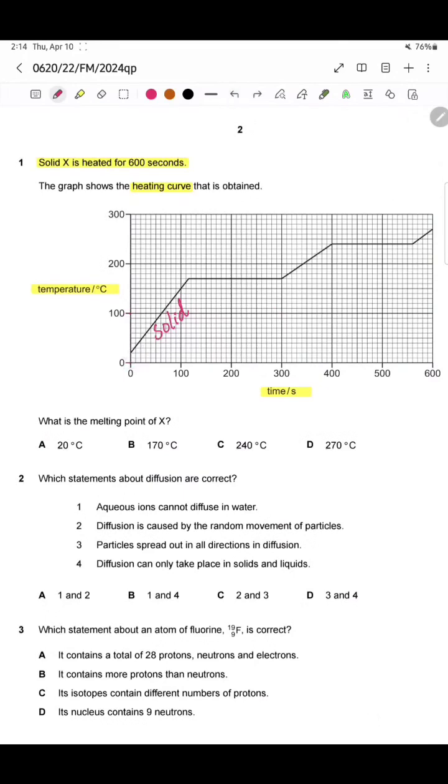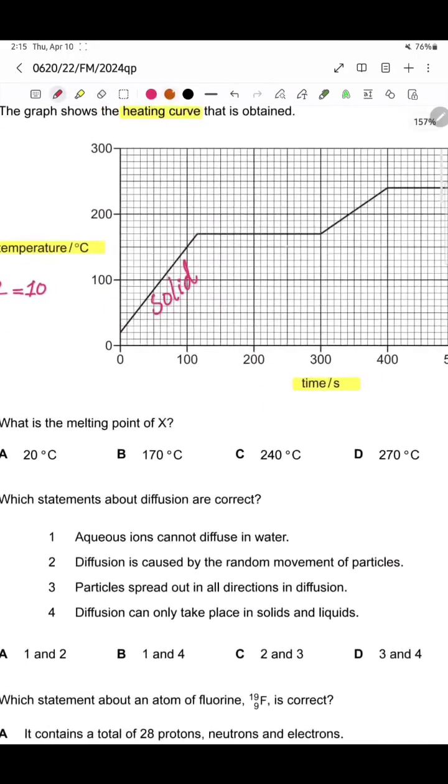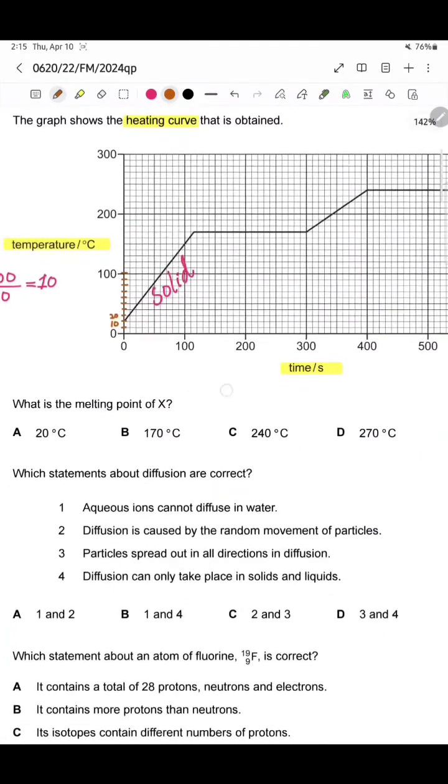The total difference between 0 and 100 is 10 boxes, so if we divide 100 by 10 boxes, we have the value 10. So the temperature that each box is representing: this is 10, 20, 30, 40, 50, 60, 70, 80, 90 and 100. Each box is representing 10 degrees Celsius.